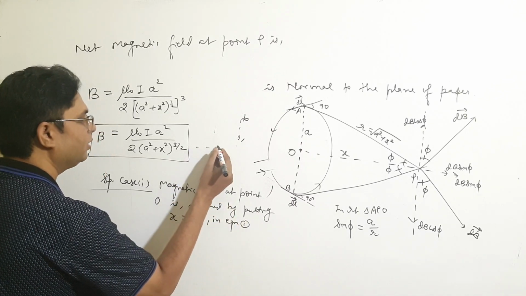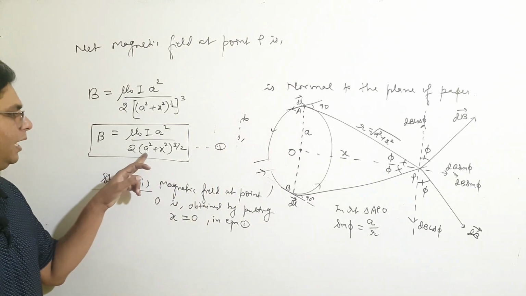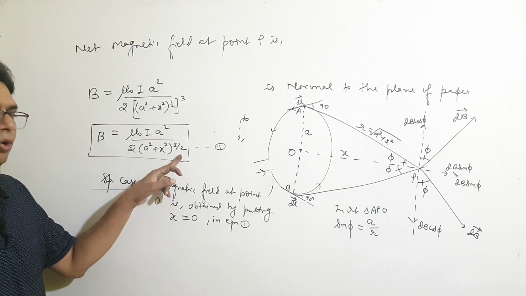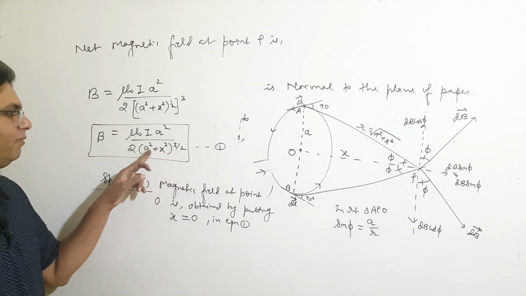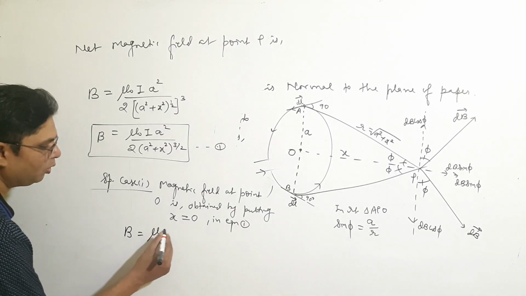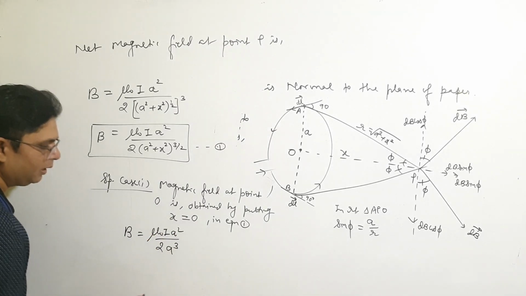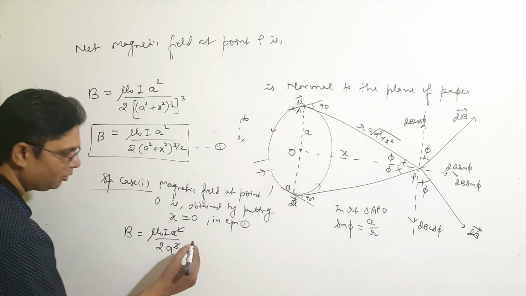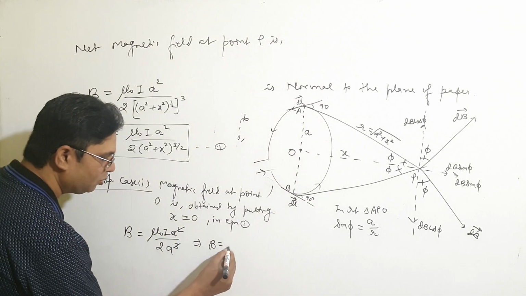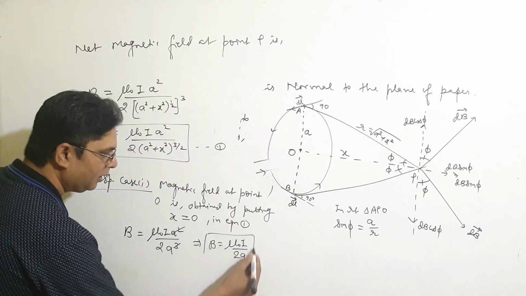So what you have is a square to the power 3 by 2, so the 2 cancels out and you have a cube here. So B equals mu naught I a square divided by 2 a cube. Cancel this, and B equals mu naught I upon 2a.